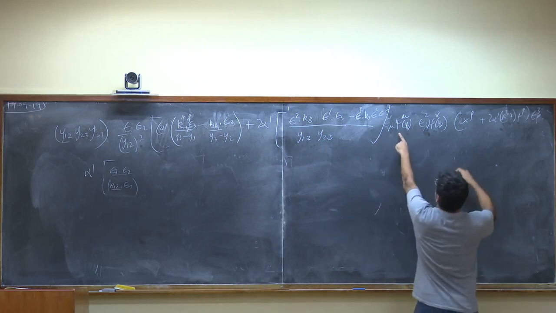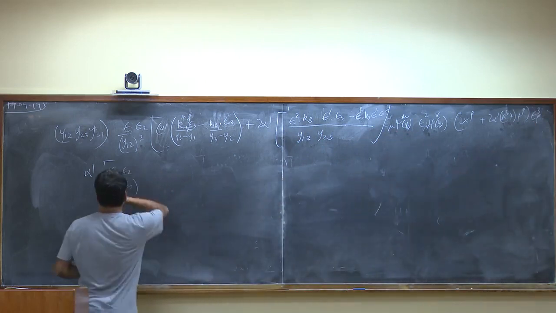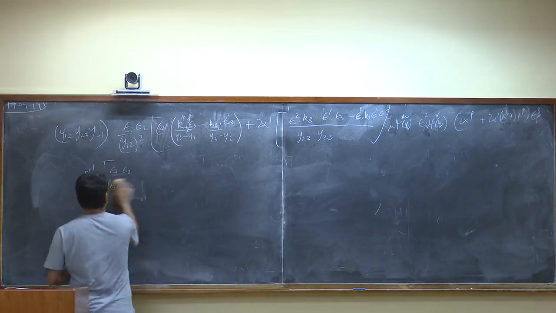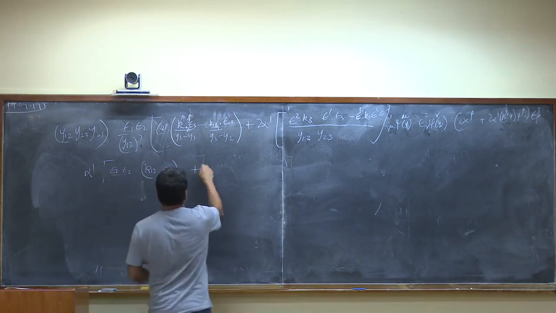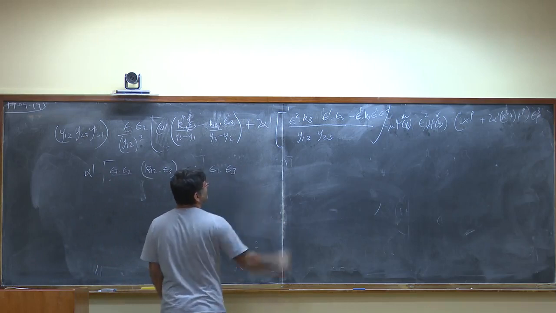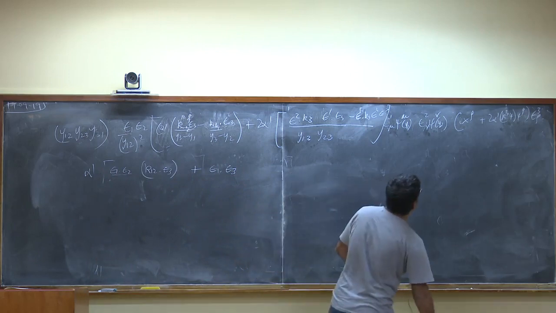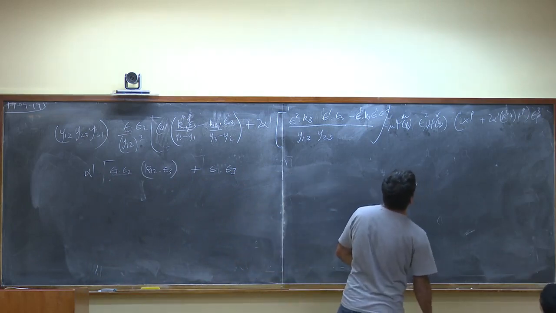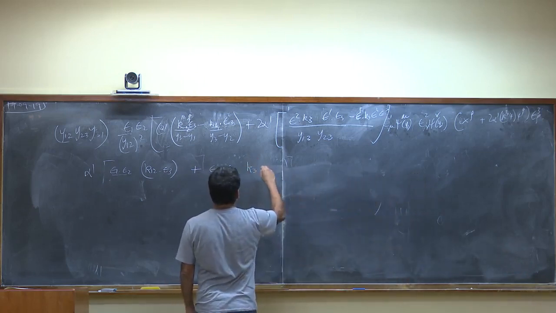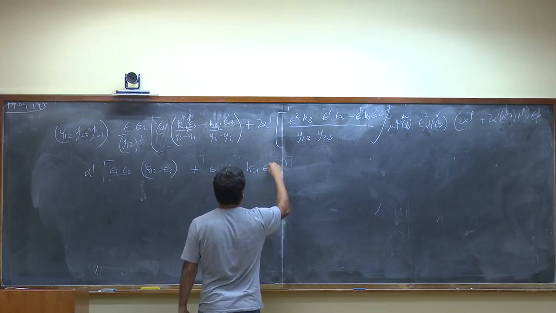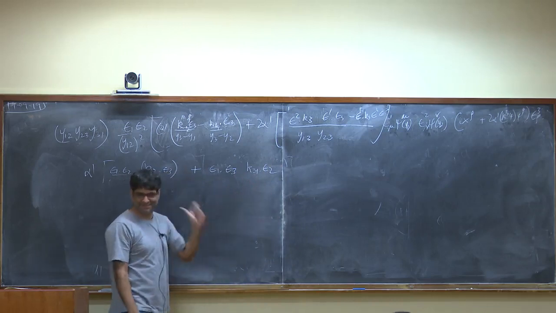So that was epsilon 1 dot epsilon 3. Let's write it properly. This is k12 dot epsilon 3. Then we got plus epsilon 1 dot epsilon 3 into k3 dot epsilon 2, so k31 dot epsilon 2, and that's correct with a factor of half because we've taken that factor of half also.